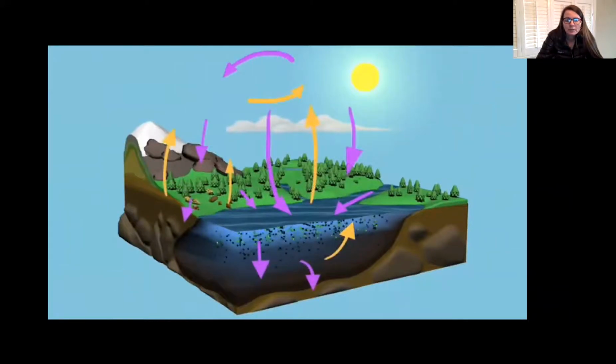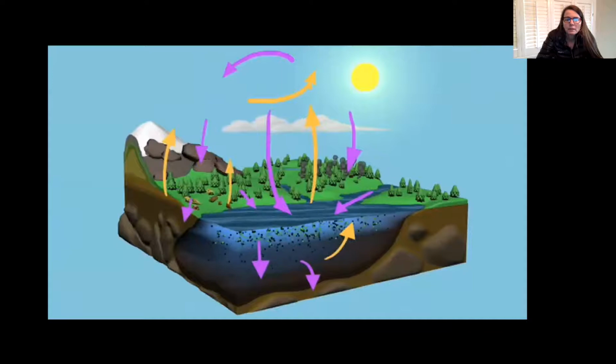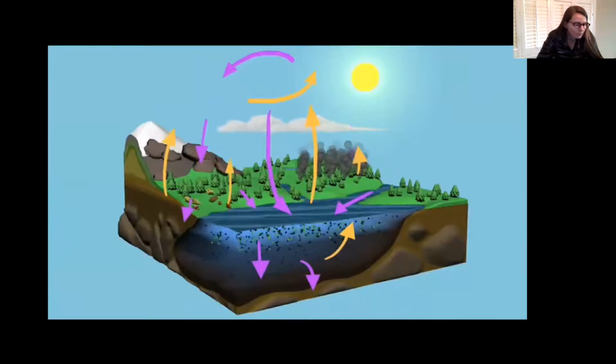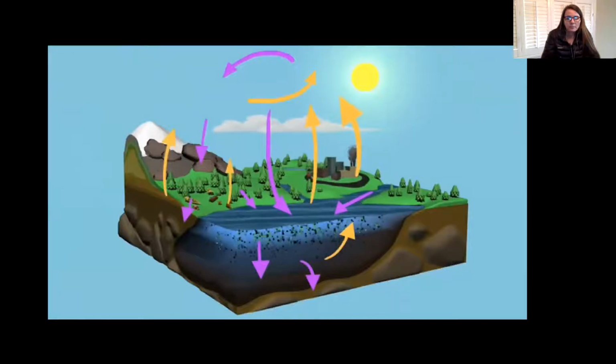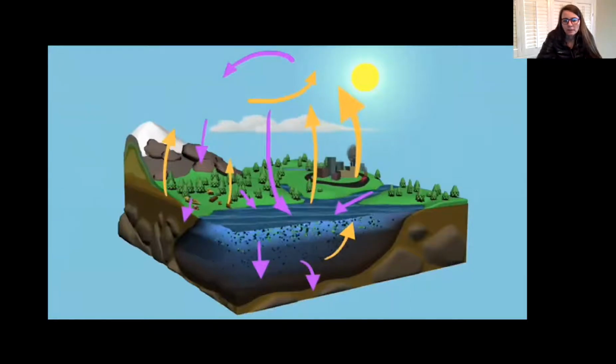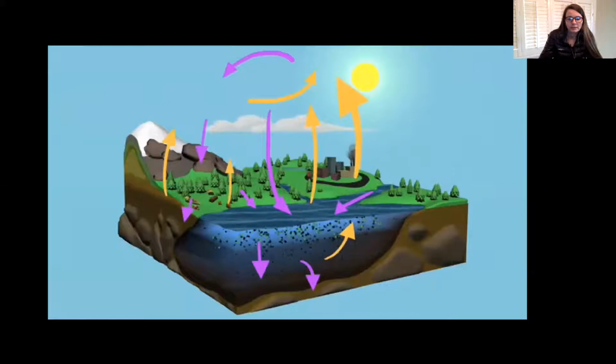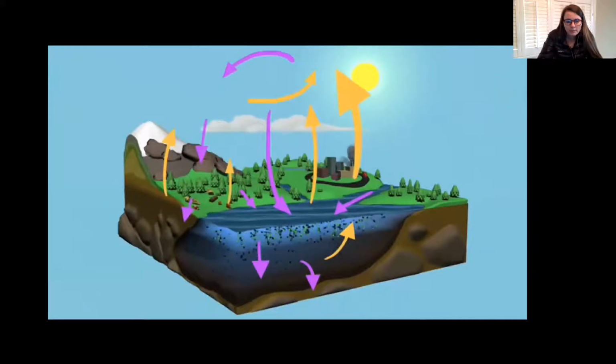The purple arrows that you're seeing here indicate that carbon is being taken up, and the yellow arrows indicate that carbon is being released. So it's a cycle. It's always the same carbon in the planet. It's just being cycled around these different reservoirs.